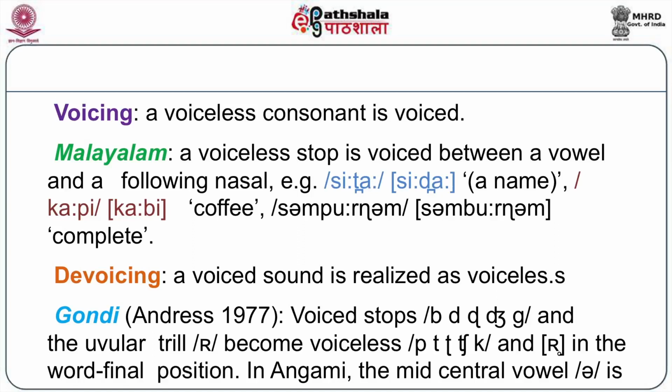And similarly, after nasals, also in Malayalam, the voiceless plosives are pronounced as voiced plosives. And this is especially found in loan words. So English loan words with voiceless consonants after nasals are heard pronounced as voiced, and thus the process is easily noticed.